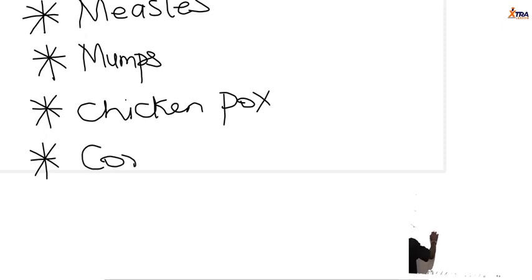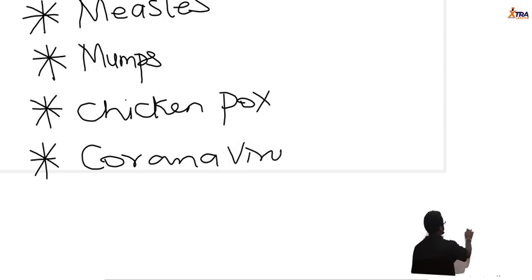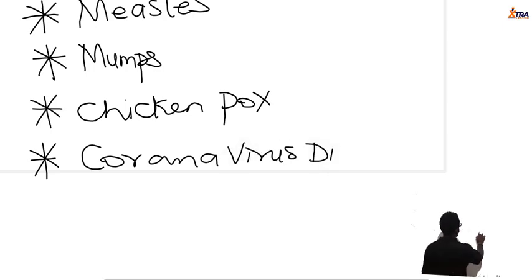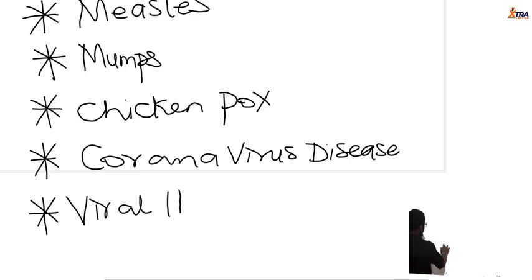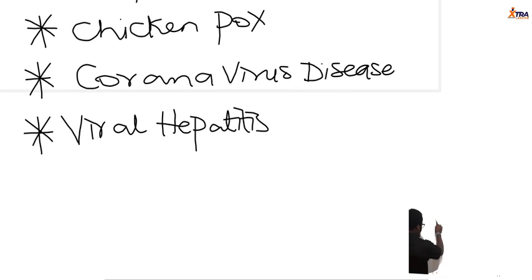COVID, coronavirus disease. And also, this affects the liver. Hepatitis B, viral hepatitis, very, very deadly disease. You also have what we call genital warts, caused by human papilloma virus.